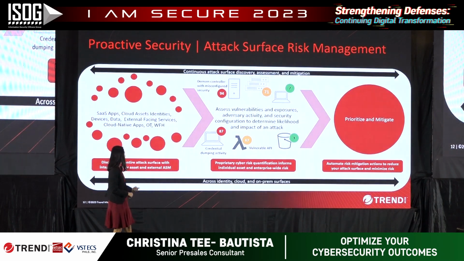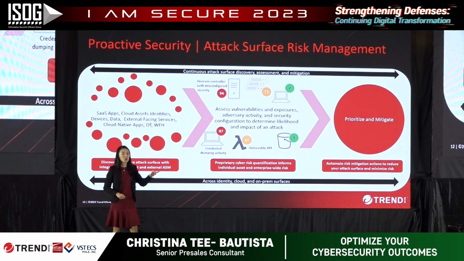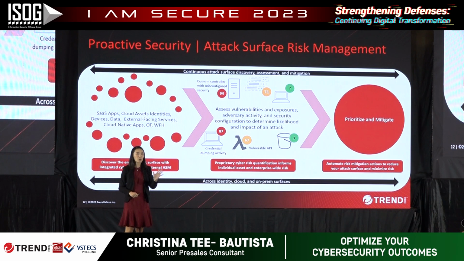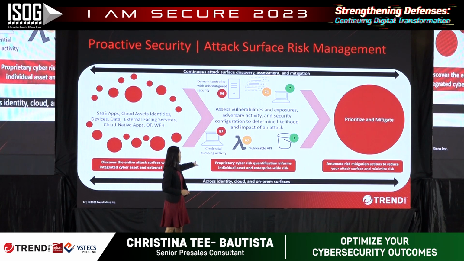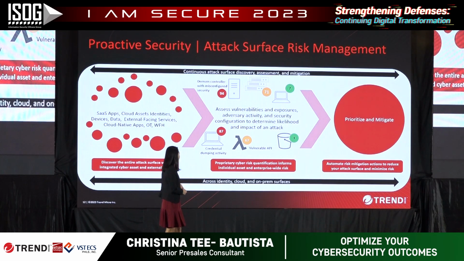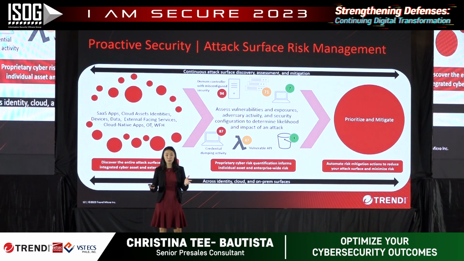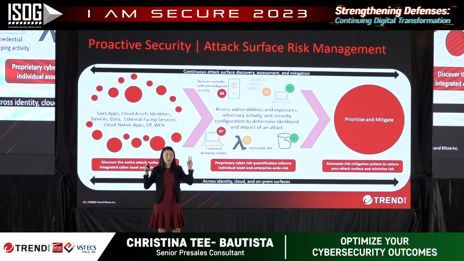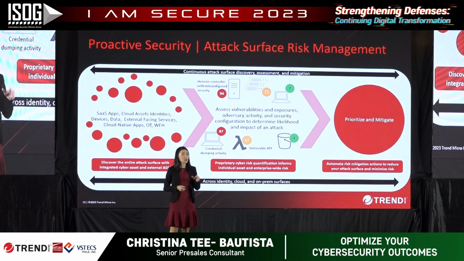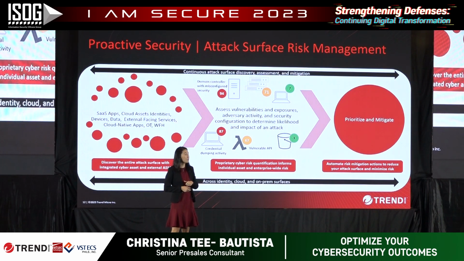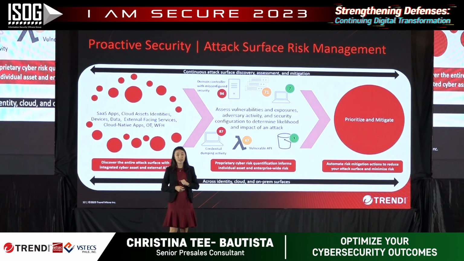So just to summarize it, so you have your SaaS applications, your cloud assets, again, endpoint, servers, email. And aside from that, the second part would be proprietary cyber risk quantification to be able to help you in your risk-based decisions. So provide a risk scoring for each and every cyber asset in your company. And of course, lastly is to prioritize and mitigate.